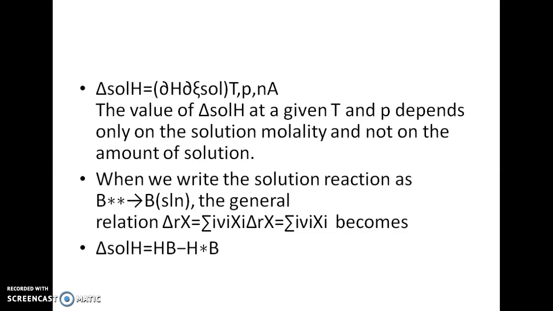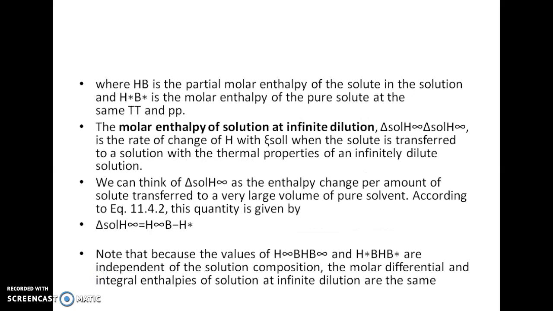So, delta SOL H will be equal to HB minus H star B, where HB is the partial molar enthalpy of the solute in the solution, and H star B is the molar enthalpy of the pure solute at the same temperature and pressure.